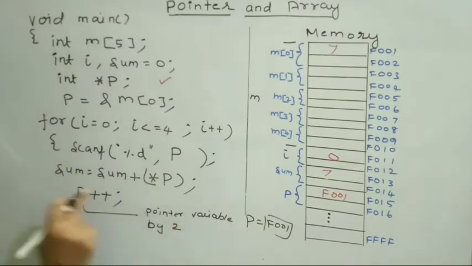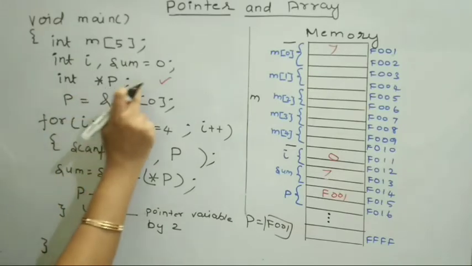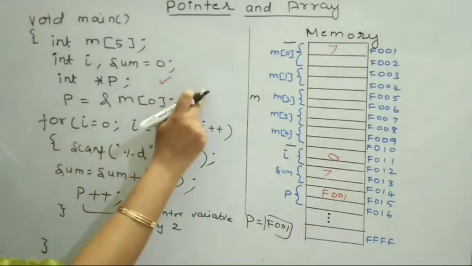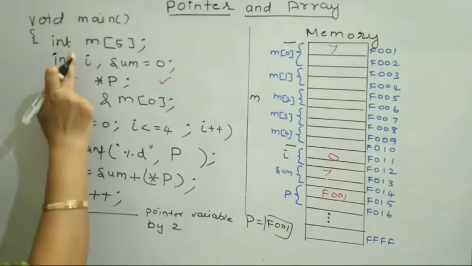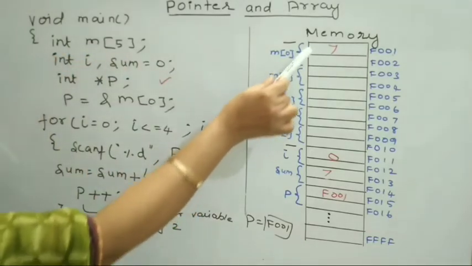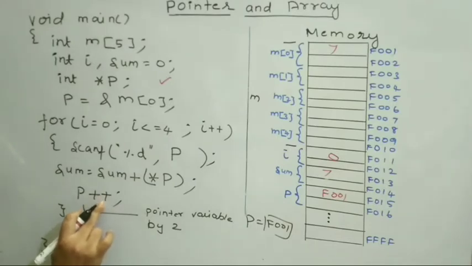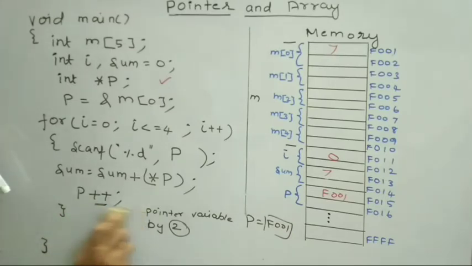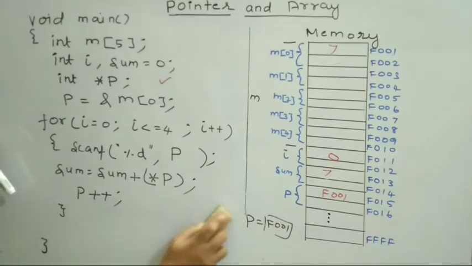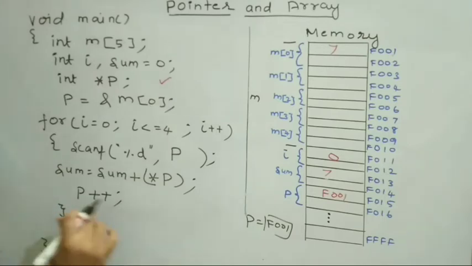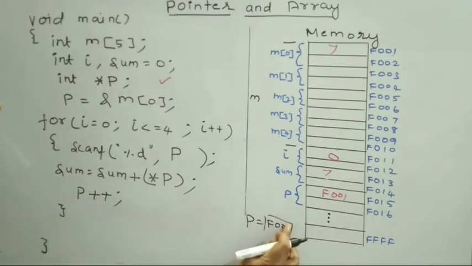Why is it 2? The pointer variable is going to hold a memory address which contains an integer value, and for an integer value your compiler reserves 2 bytes of memory. So if I increment P using this increment operator, it will increment by 2, and now it is F003.